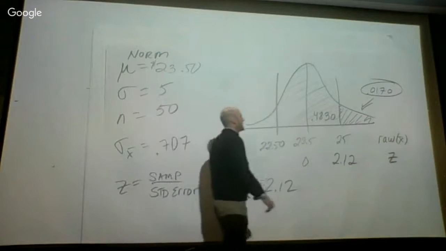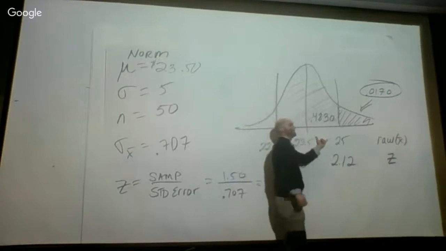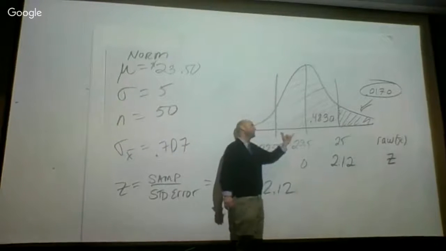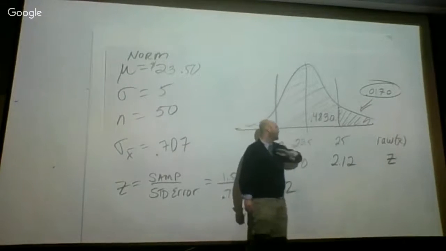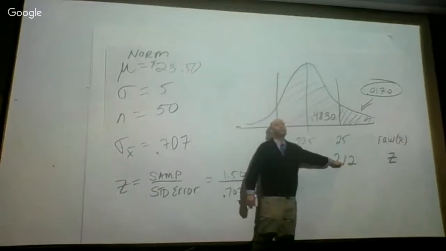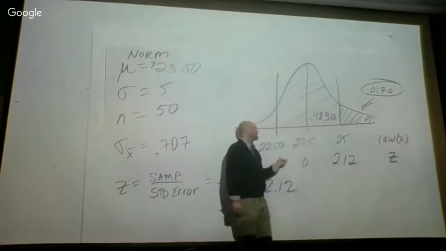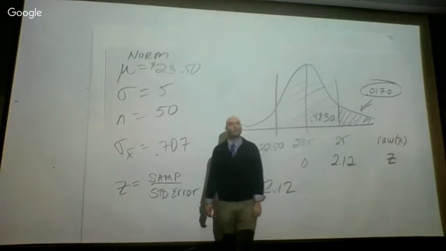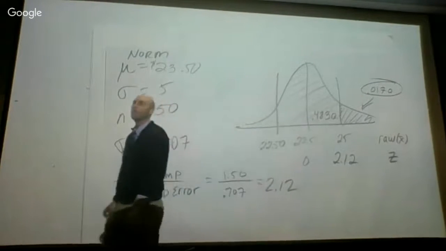This sampling error is 1.5. This sampling error is 1. So I would probably take 2/3 of 2.12 to find out what this z-score is. I'm going to guess it's on the order of -1.4.